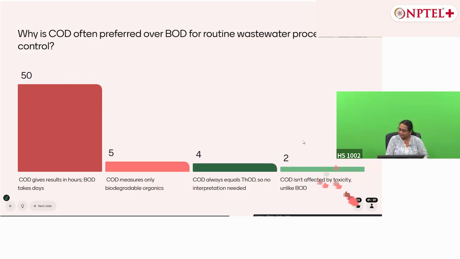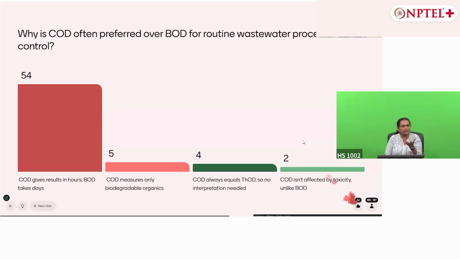Okay, 61. Okay, 63. Okay, we'll discuss the answer. Obviously the first answer is correct, but if this question comes in the GATE exam, we are forced to give marks for the fourth answer also. Why? COD is not affected by toxicity like BOD.